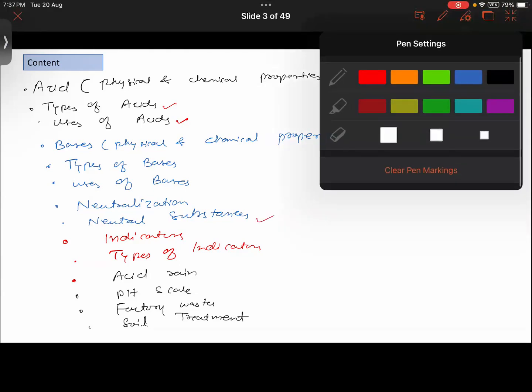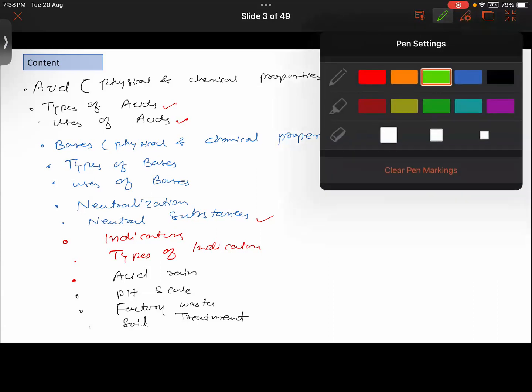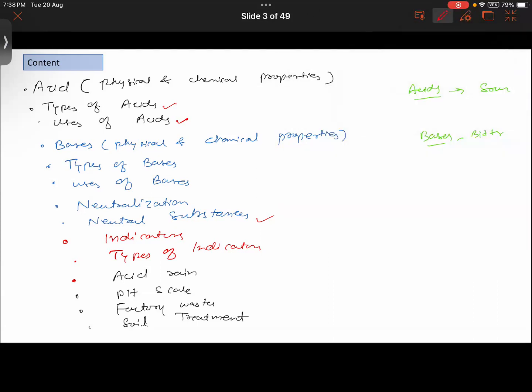Generally we know that acids are substances that are sour in taste, and bases are substances that are bitter in taste. But acids and bases can be very strong.